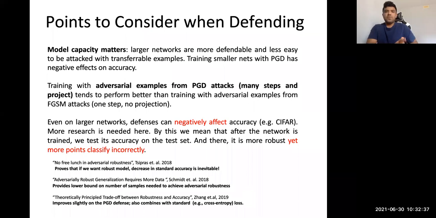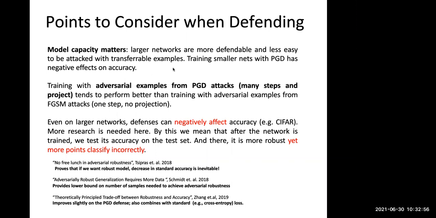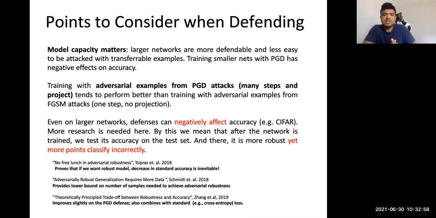So, points to consider when defending. Our model capacity matters. With larger networks, they're easier to defend, more defendable, and obviously more difficult to attack. With smaller nets, if we use defenses such as PGD, it has significant negative effects on accuracy.